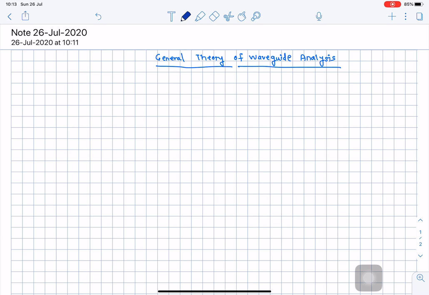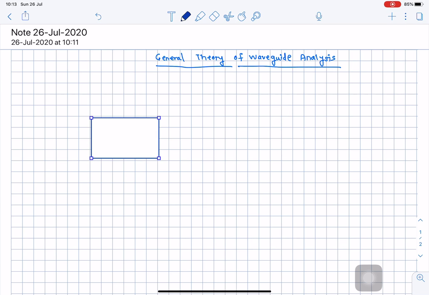So let's say this is a rectangular cross section, and this rectangular cross section, so in this way. So this is a cross section of how the rectangular waveguide looks like.